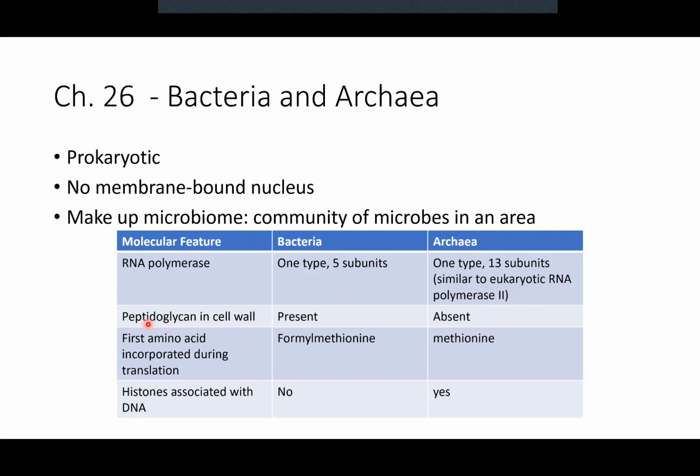Bacteria has peptidoglycan present in the cell wall, which we will get to a little bit later when we talk about gram staining, and archaea does not have peptidoglycan in the cell wall. The first amino acid incorporated during translation for bacteria is formylmethionine. For archaea, it's methionine. And then are histones associated with DNA? Bacteria, no. Archaea, yes.